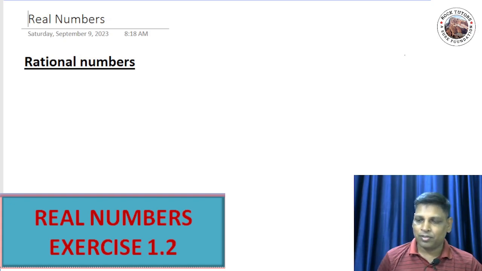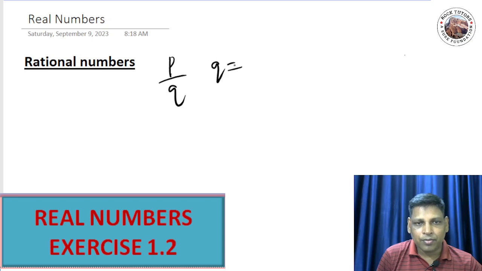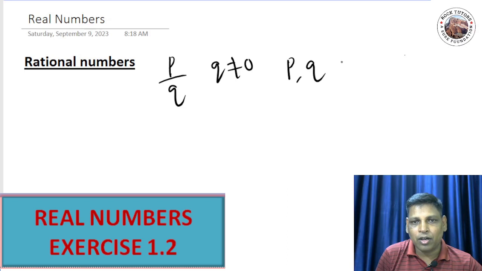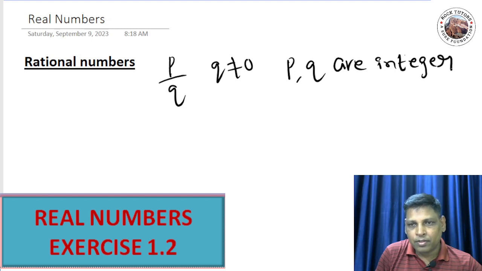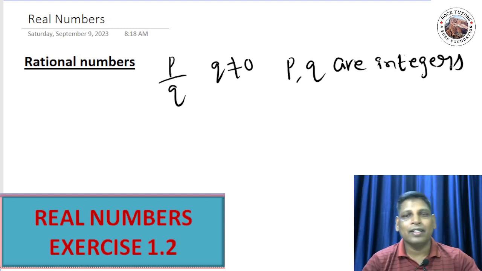Those numbers which I can write in the form of p by q, and q is not equal to 0, where p and q are integers.